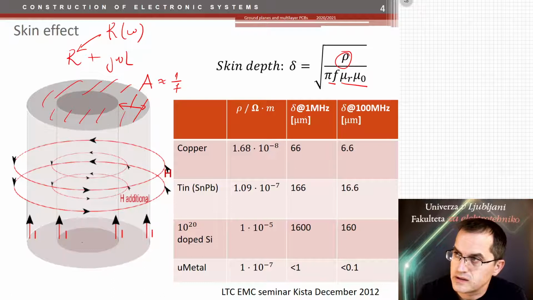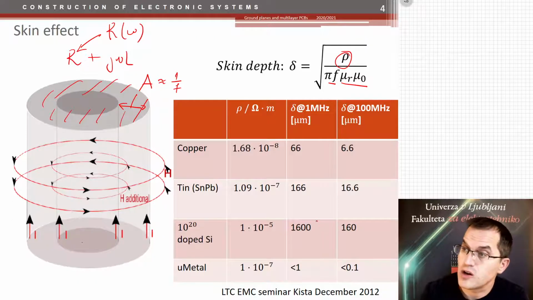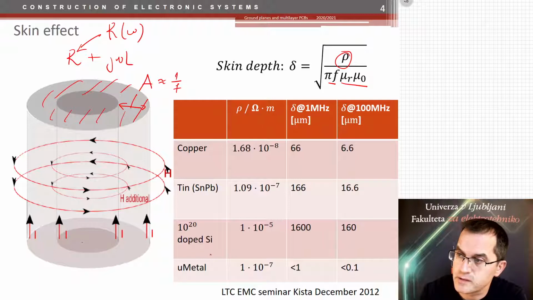And here are the skin depths at different frequencies. As you see here, the skin depth at 100 megahertz is 10 times lower than at 1 megahertz in copper and other materials as well, and depends on the specific permeability of the material. As you see, in case of mu metal, the skin depths are really small.